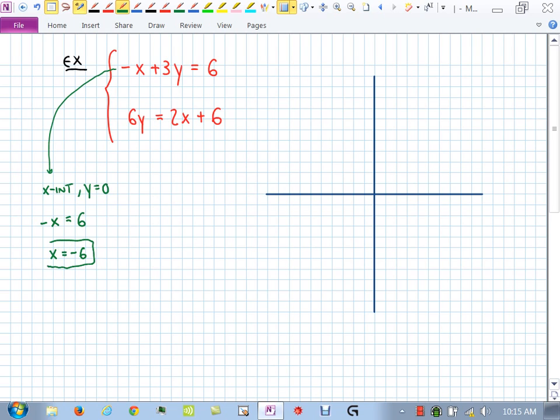So there's my x-intercept. How about my y-intercept? Set x to 0, and you get what? 0. Okay, yes. I'm going to write it down though. 3y equals 6, right? And then divide both sides by 3, you get y is 2.